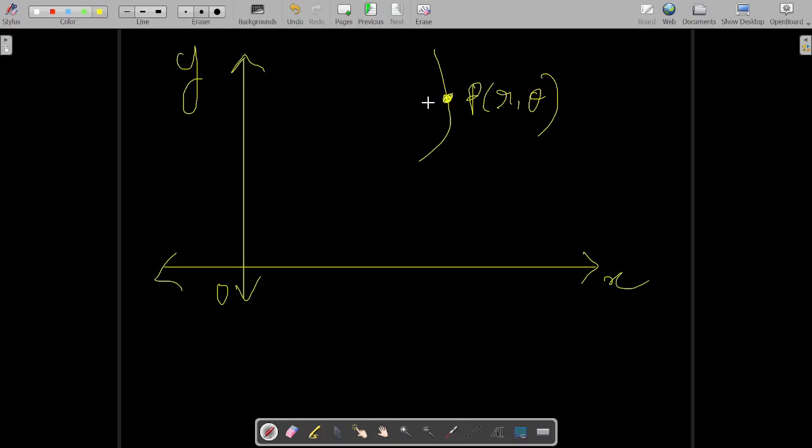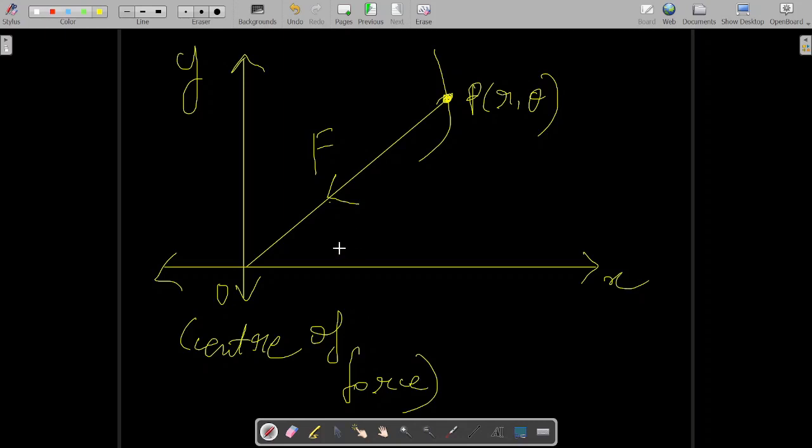From point P there is a force towards O. This F is directed towards O. O is the center of force.